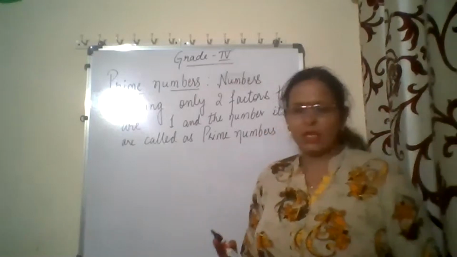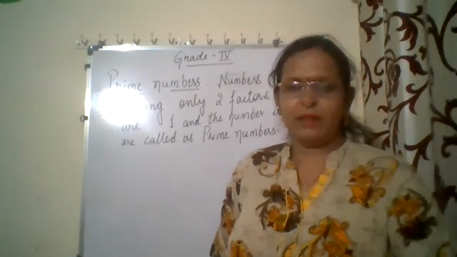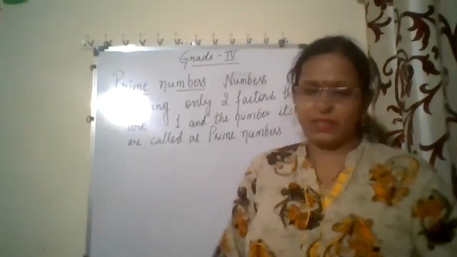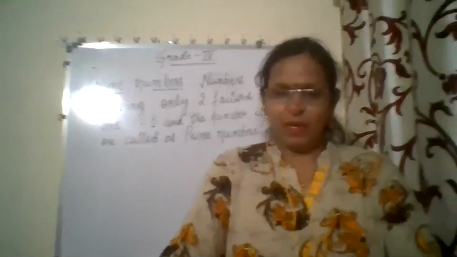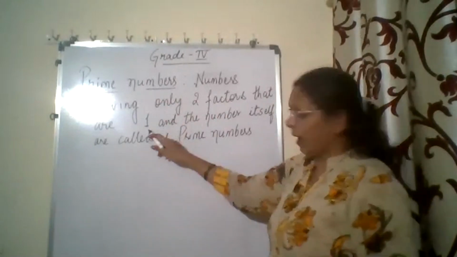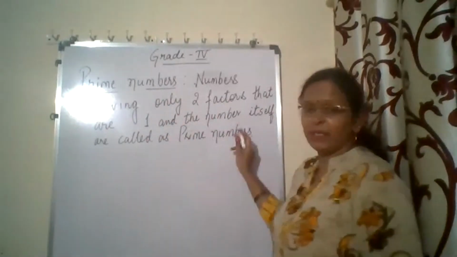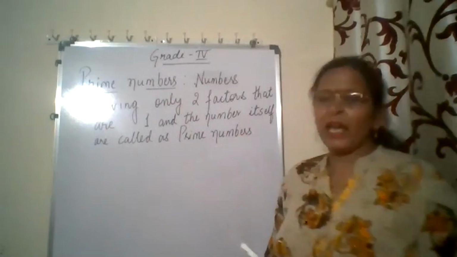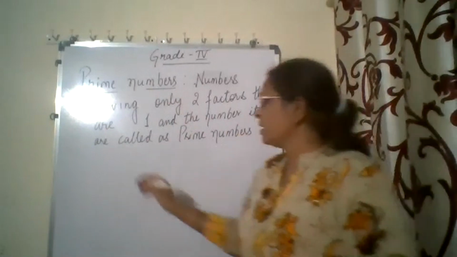So all those numbers having only two factors, that are 1 and the number itself, they are called prime numbers.